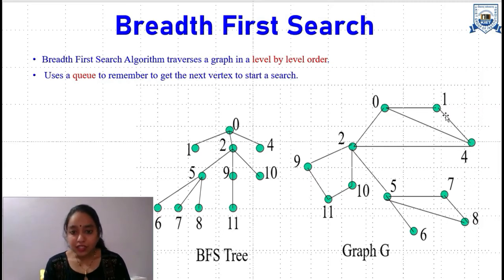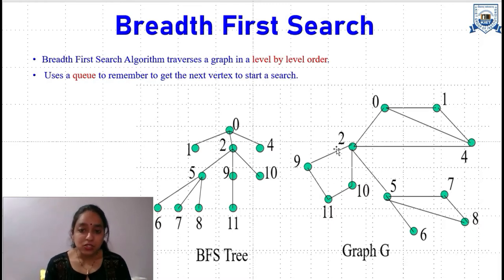For 4, its adjacent vertices 0, 1 and 2 are already visited, so there is no child of vertex 4. For 1, the adjacent vertices are 0 and 4, which are already visited, so we have not taken any child for 1 in the tree either. We are only considering the vertices which are not visited yet. Unvisited vertices will be considered.